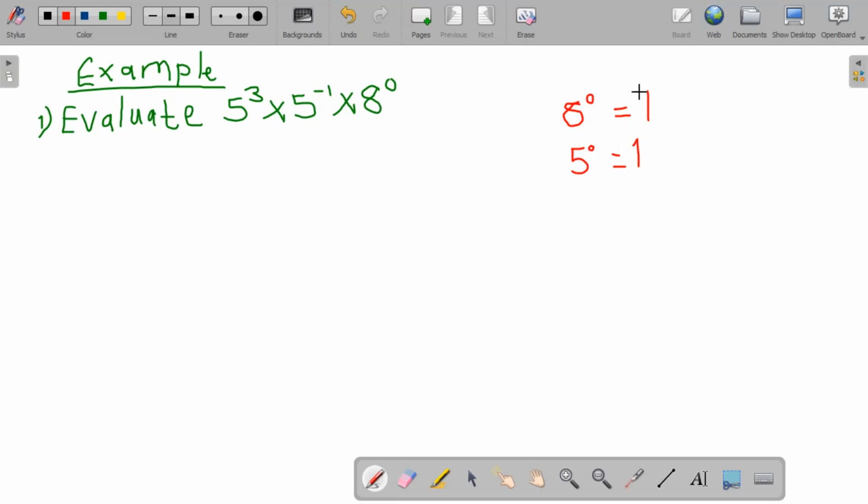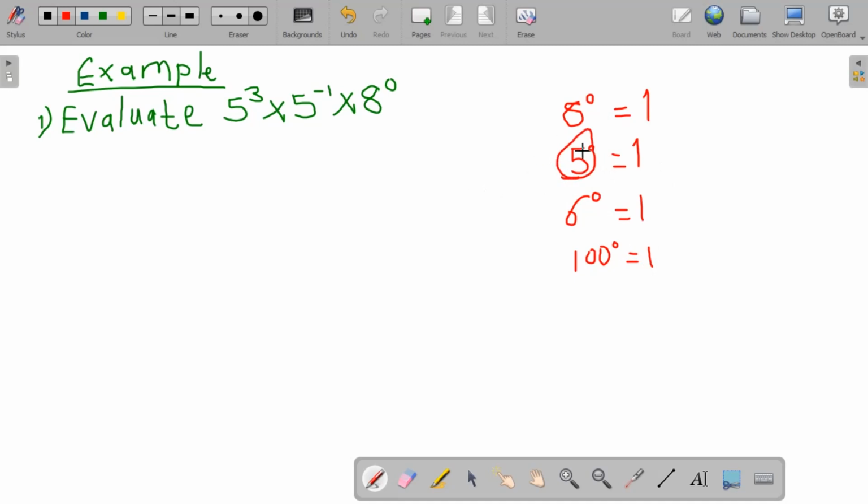Whether it is 8 to the power 0, 5 to the power 0, 6 to the power 0 or 100 to the power 0, it will still give us 1.